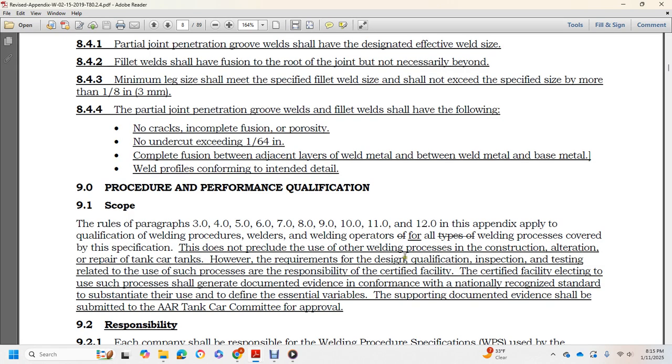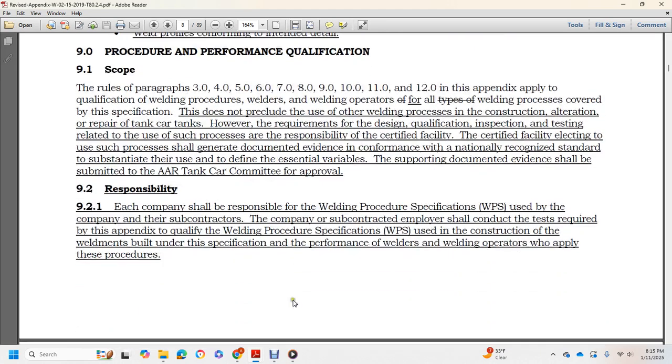However, the requirements for design, qualification, inspection and testing related to using such a process are the responsibility of the certified facility electing to use it. It shall generate documented evidence conforming to nationally recognized standards that substantiates its use and the defined essential variables. Supporting documentation evidence should be submitted to the AAR Tank Car Committee for approval.